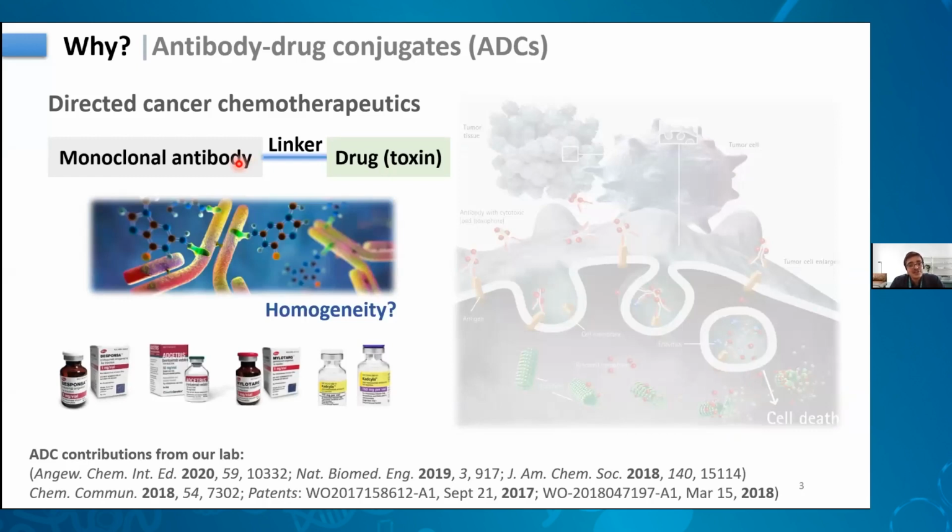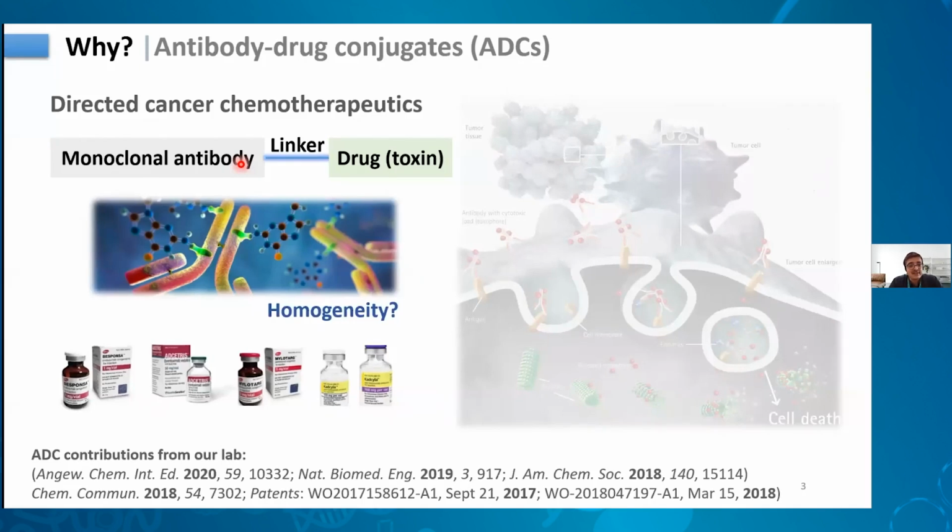Now, this heterogeneity is definitely detrimental to the pharmacokinetics and brings in batch-to-batch variability. But not much can be done to solve this problem due to the lack of enabling technologies. Now, we have been working on some of these challenges in the past few years, and I will be discussing how some of those can be solved in the latter part of my talk.